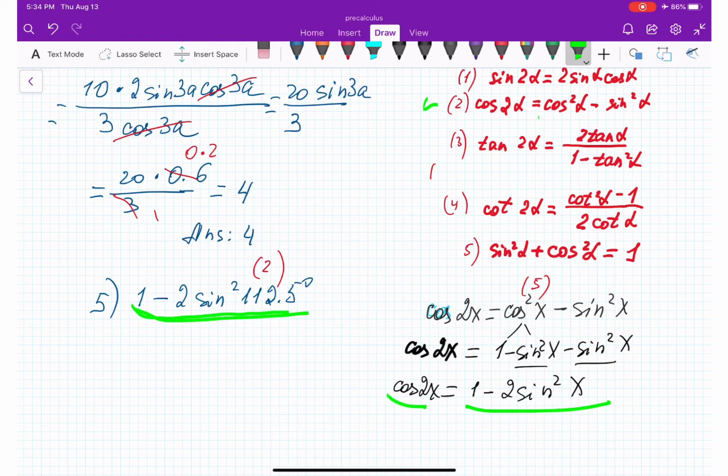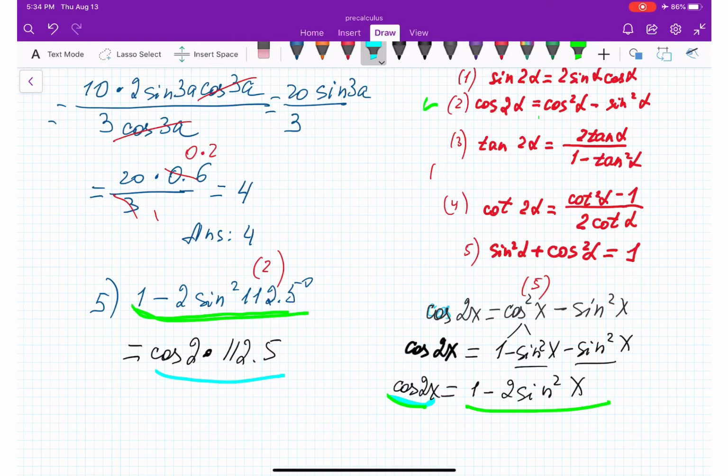So in this case, it is going to be equal to cosine twice, and my x is 112.5, cosine twice 112.5. So this is this cosine 2x I am applying here.